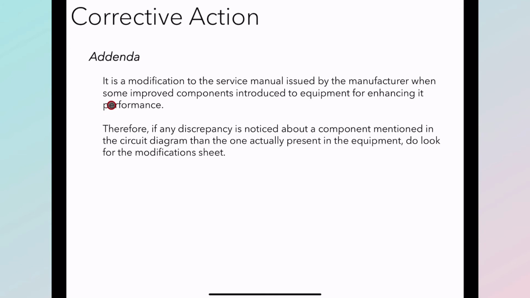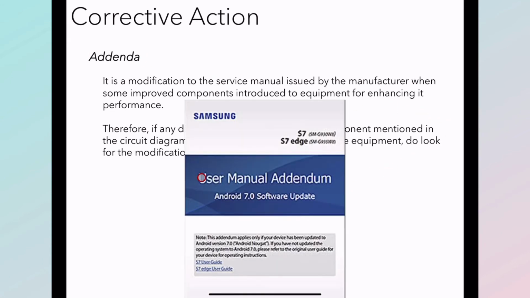So the manufacturer might have improved some components in the equipment for better performance, and later on they modify the service manual and list it under the heading of addenda or addendum. Like in this example, Samsung has issued a user manual addendum regarding their Android 7.0 software update.